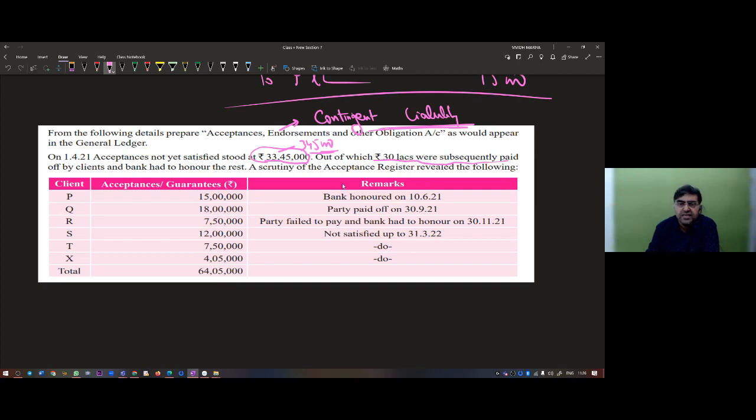And the other things are as follows: bank honored, party paid, party failed to pay, bank had to honor, and pending.